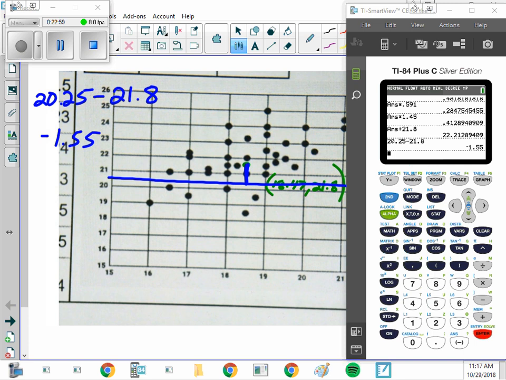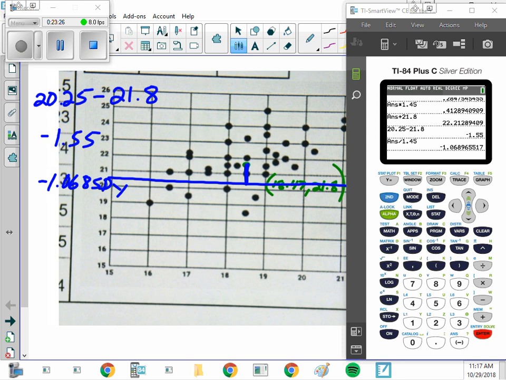It's inches. 1.55 inches below average. I need to turn it into an SD by dividing by 1.45, and I get negative 1.068 SDYs. So this little blue line right here represents 1 SD below average.